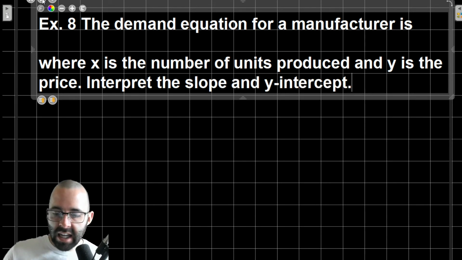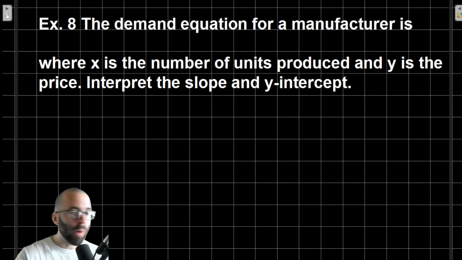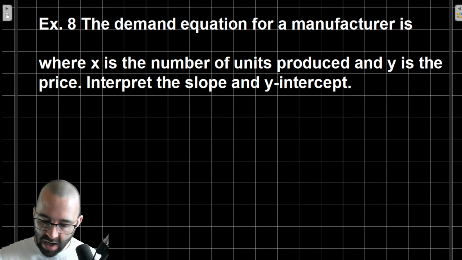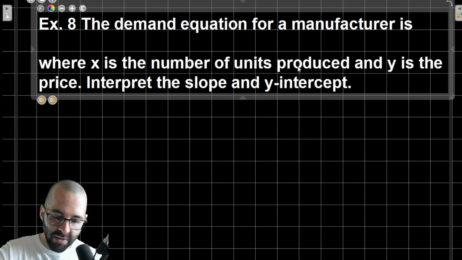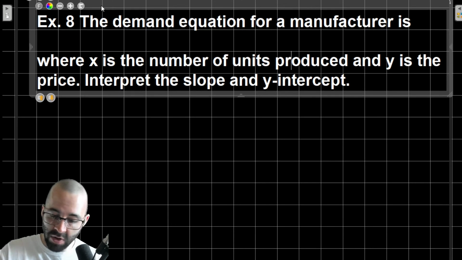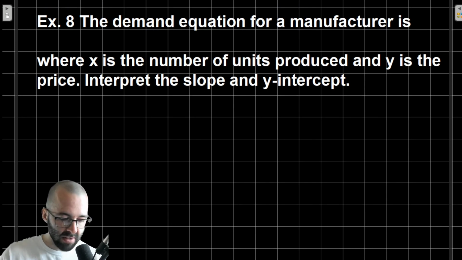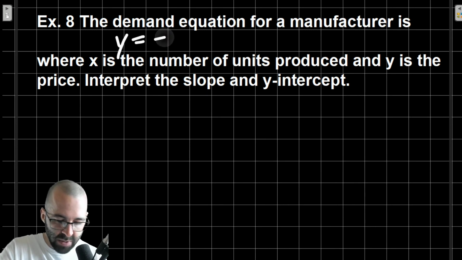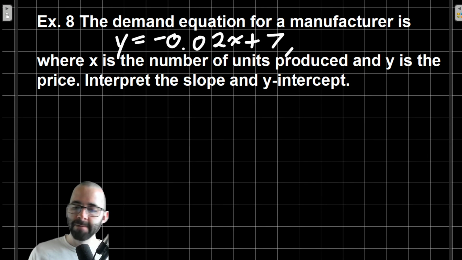So again, if this were a cost function, the slope would be the marginal cost. The y-intercept would be the fixed cost. But because what we have right here is a demand equation, not a cost equation, it's a little different. Here, let me actually give you the equation. y is equal to negative 0.02x plus 7.